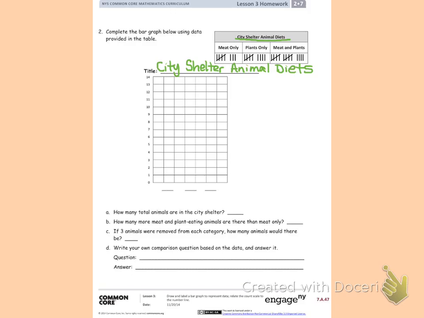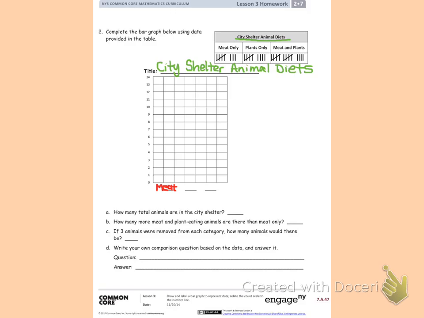Now, I will go ahead and record the first category. The first category is meat only. I will write meat. Now I will determine how many like or eat meat only.